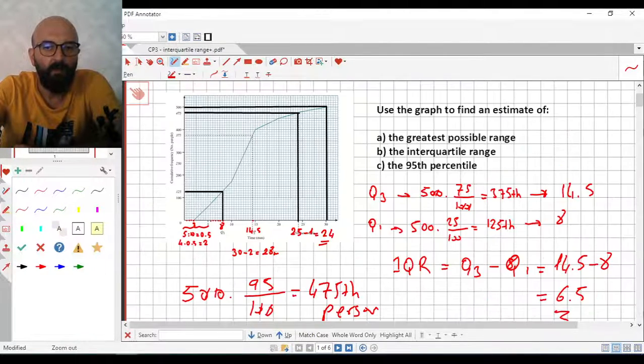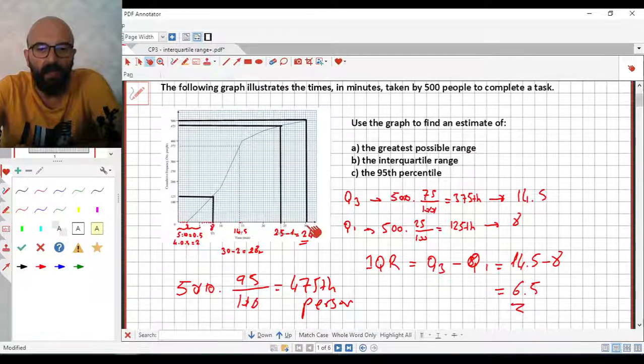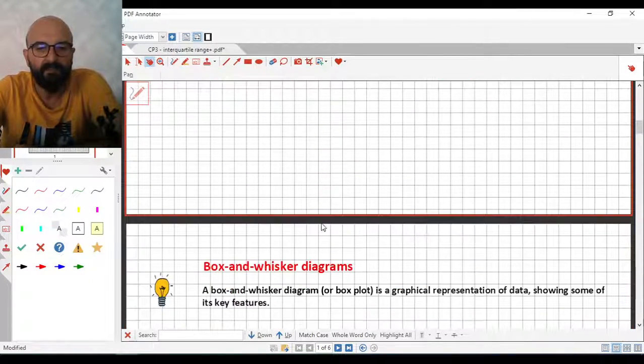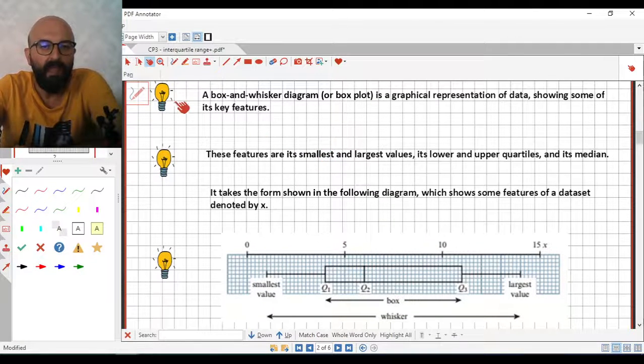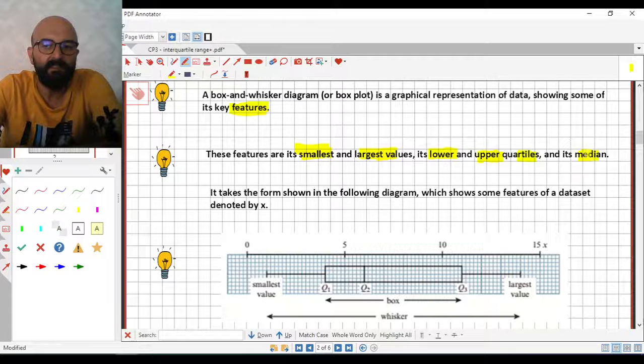Okay, now the other topic is box and whisker diagrams. A box and whisker diagram or box plot is a graphical representation of data showing some of its key features. The features are its smallest and largest value, lower and upper quartile, and its median.